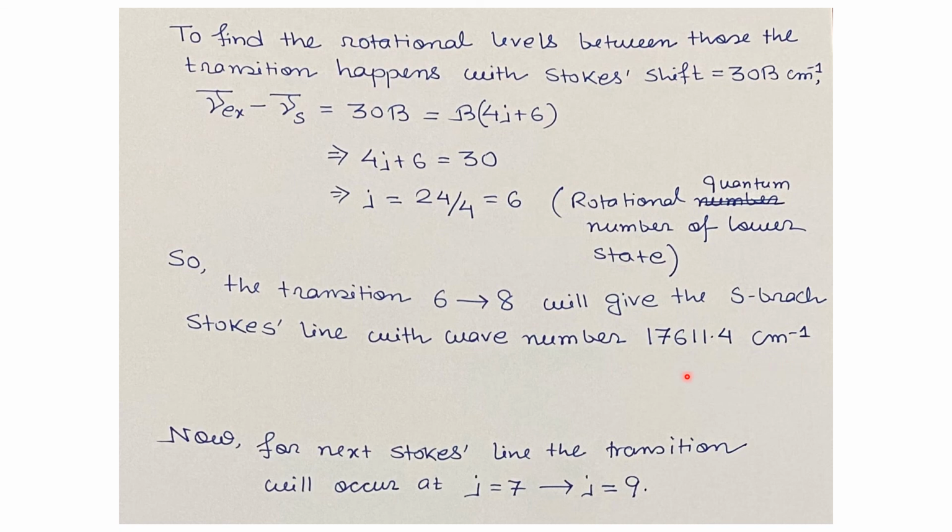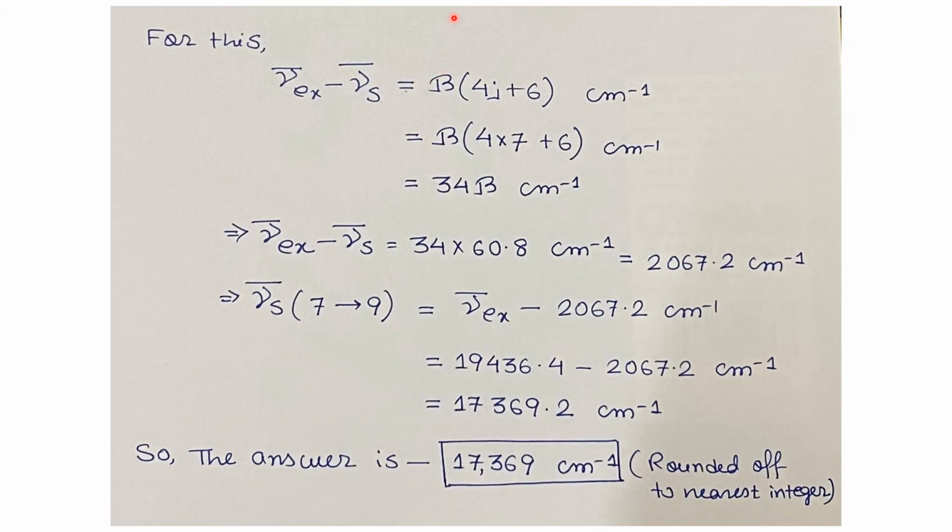So the next possible Stokes line, the transition will occur at J equals 7 to J equals 9. Now we will calculate the same thing for the transition from J equals 7 to J equals 9. For that transition, nu Ex bar minus nu S bar equals B times 4J plus 6 centimeter inverse. So for this transition, J will be 7 here.